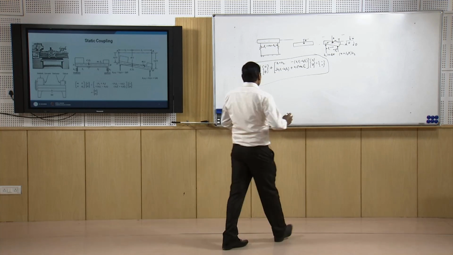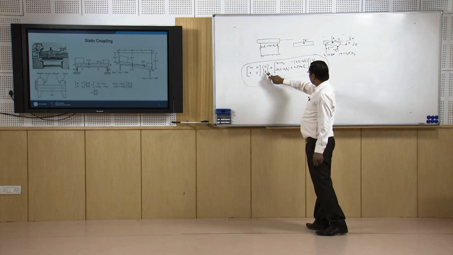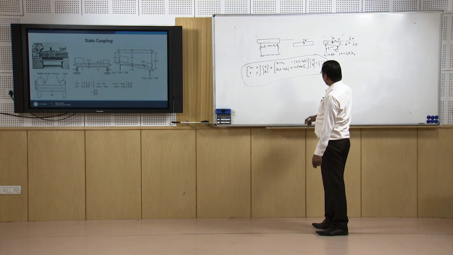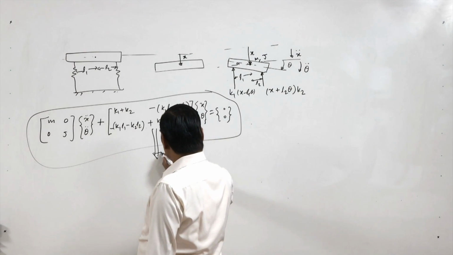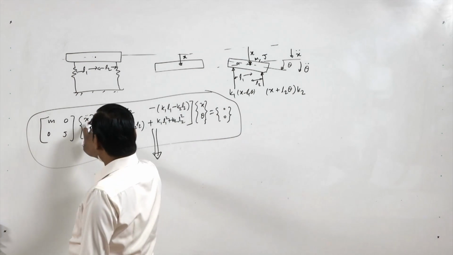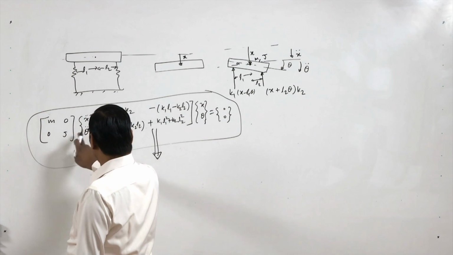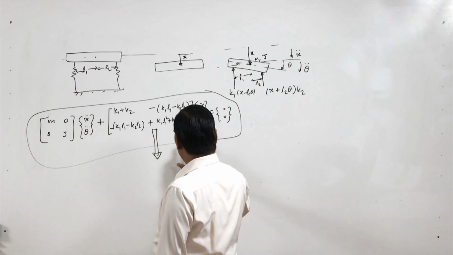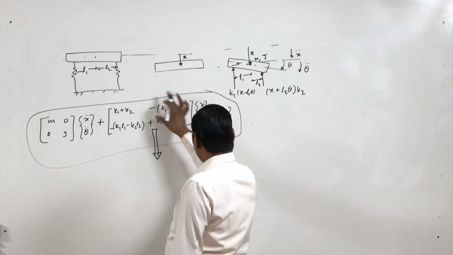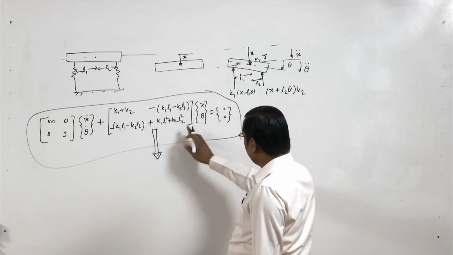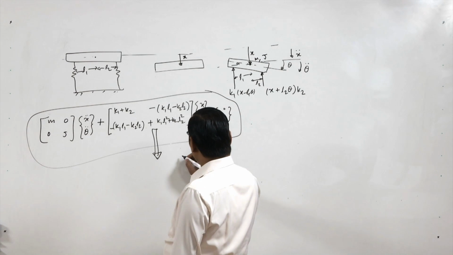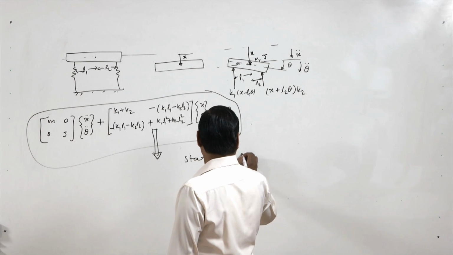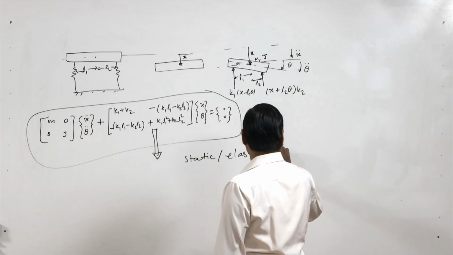Similarly in the angular motion there is the x, because of minus K1 L1 minus K2 L2 x. However, in x double dot there is no theta double dot, but x and theta are there. When there is such a situation, we call it static or elastic coupling.